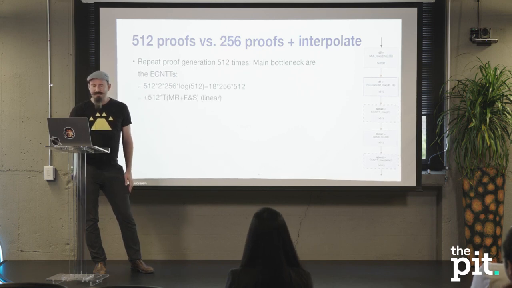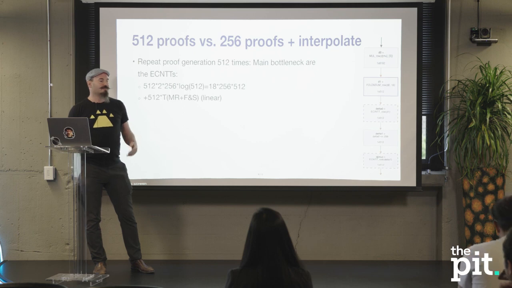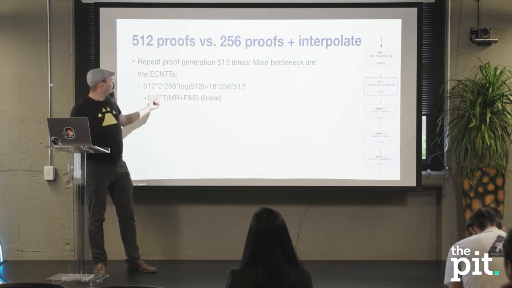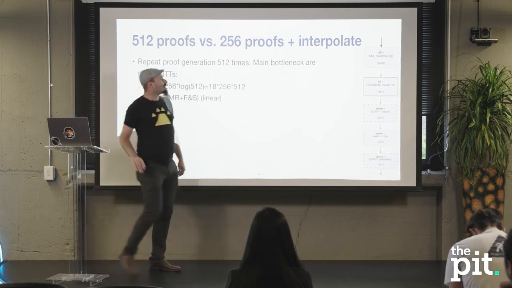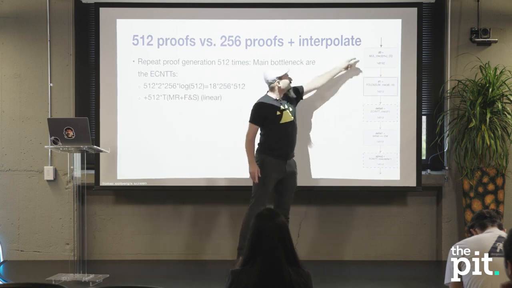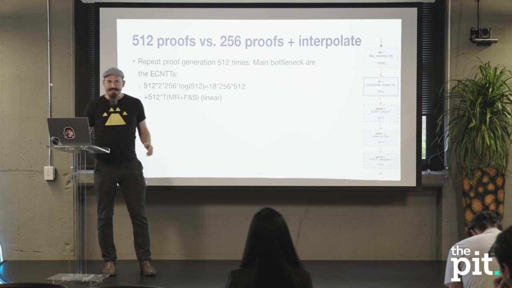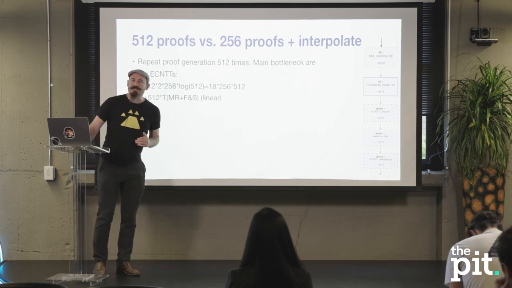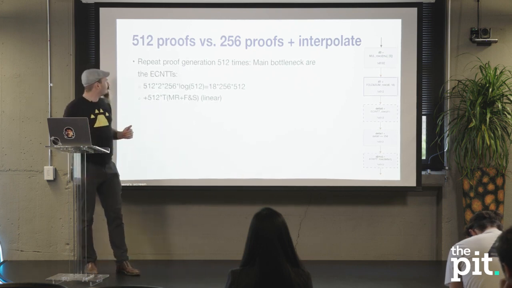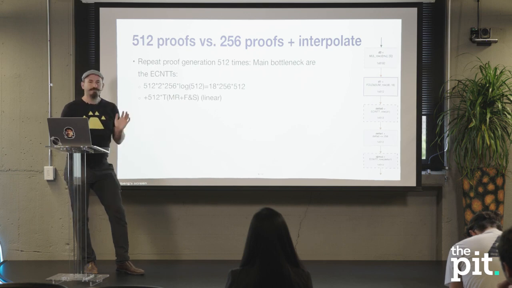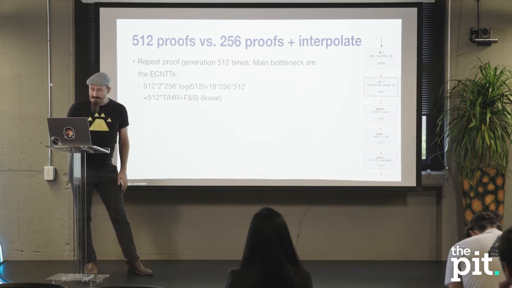In addition, we also have 512 multiplied by the time it takes for these two actions, the row multiplication and the fold and sum, which are linear actions. So this is kind of a second order thing, smaller than the time it takes for the EC NTT, but this is also part of it.